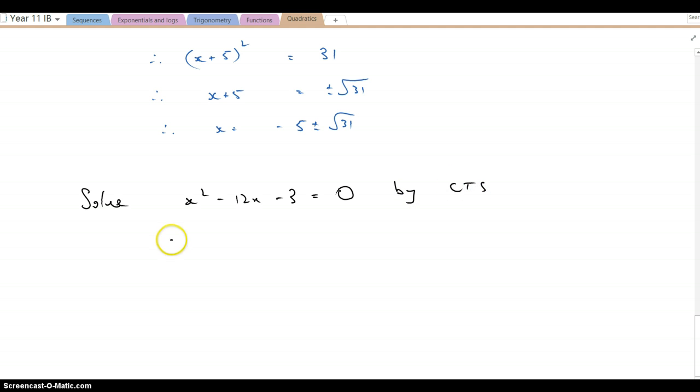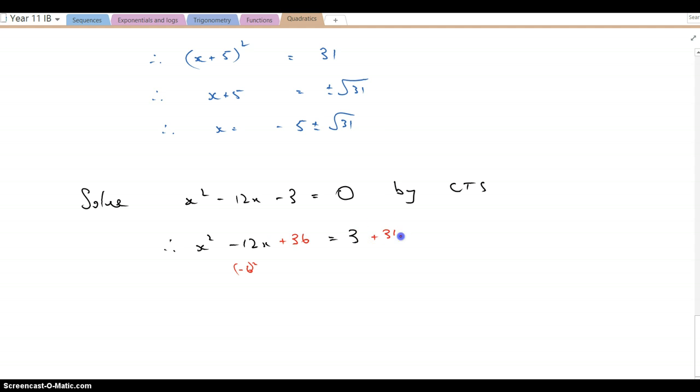Okay, so what I would do firstly is get rid of that 3, it's going on the other side, because I firstly need to clear a space here for the completion of my square. Then I go, righto, this minus 12, I halve that, that's minus 6, I square it, that's 36.